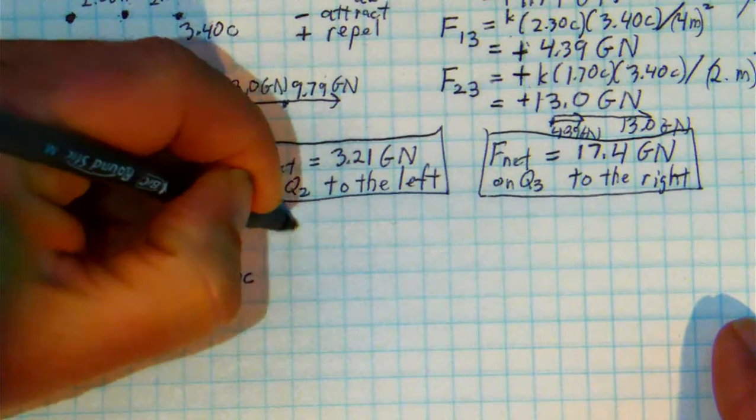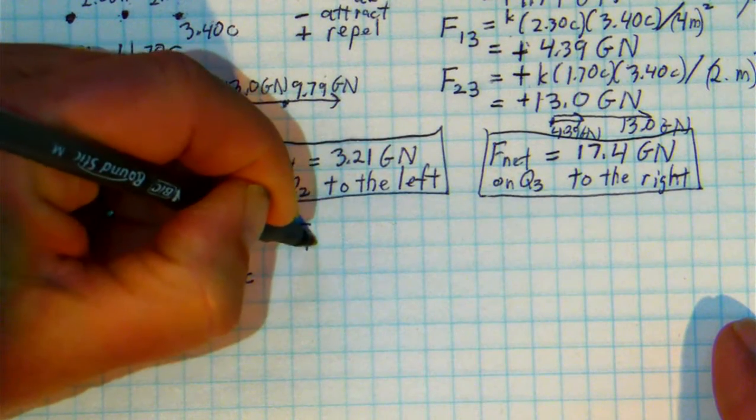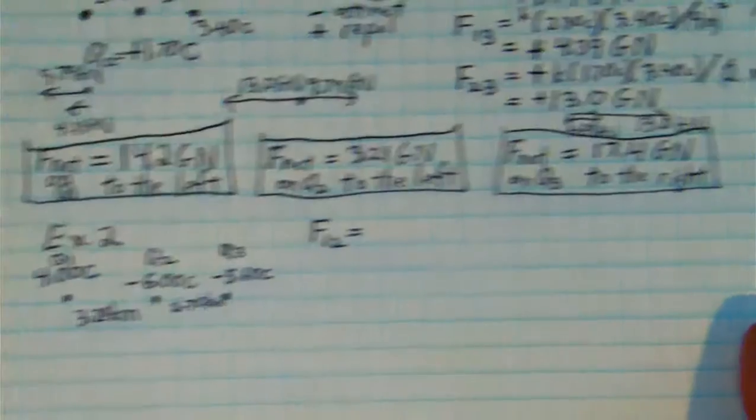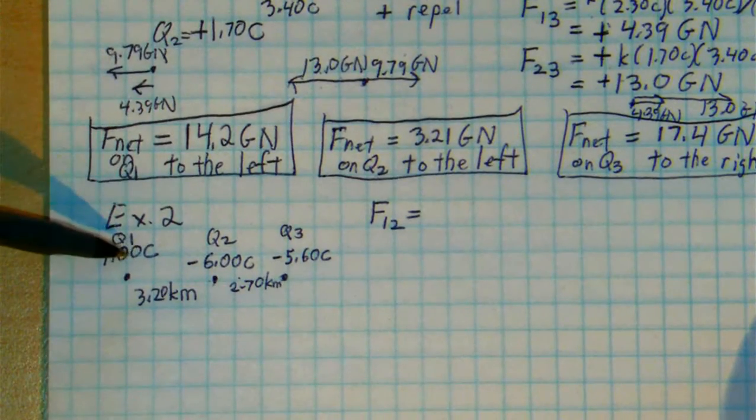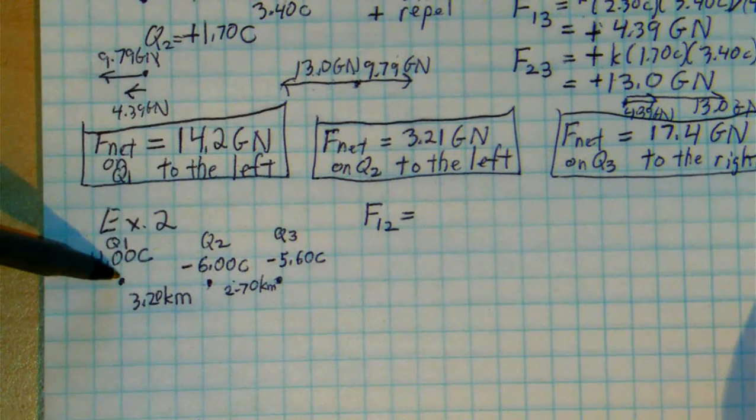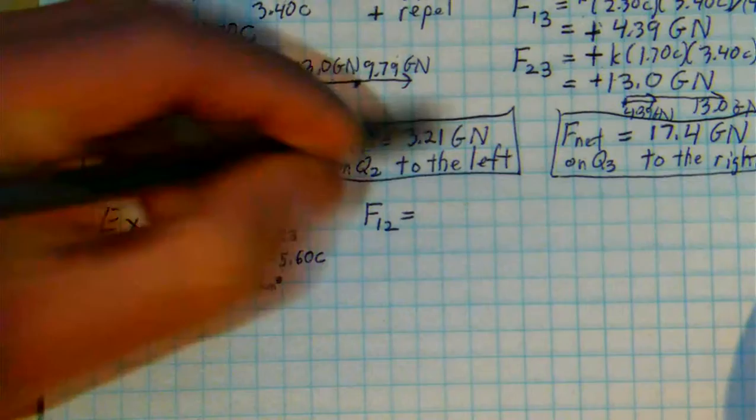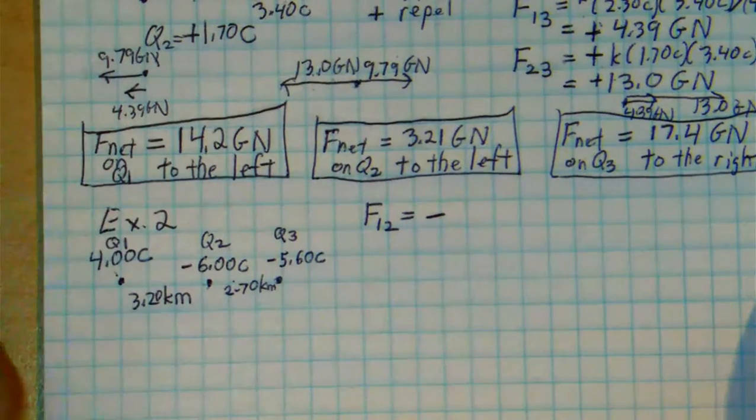Well, the forces between Q1 and Q2 are going to be attractive because one is positively charged and the other is negatively charged. So I'm going to just put the minus sign there. I'm not going to bother listing the values on my sheet of paper. I'm just going to plug it right into my calculator.